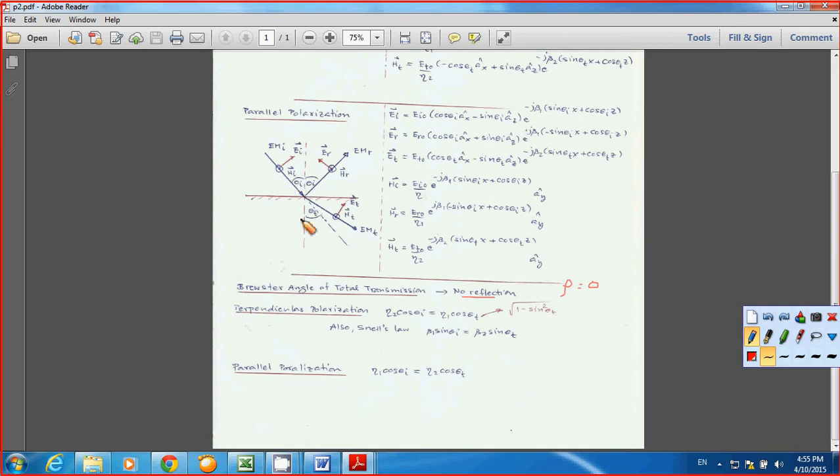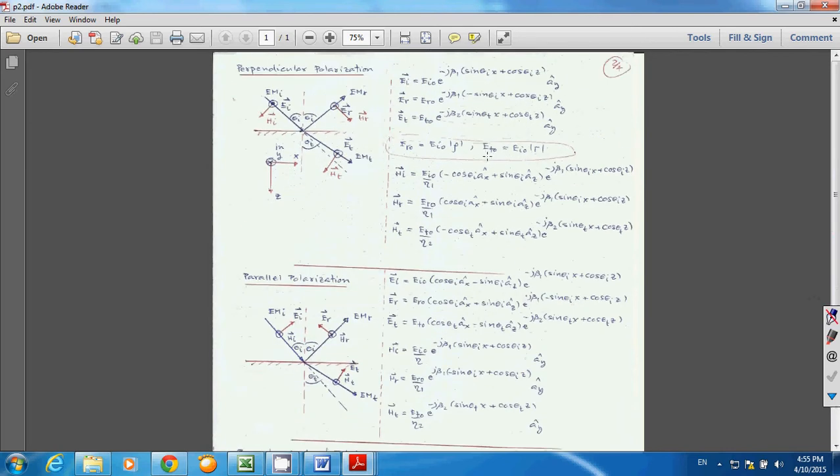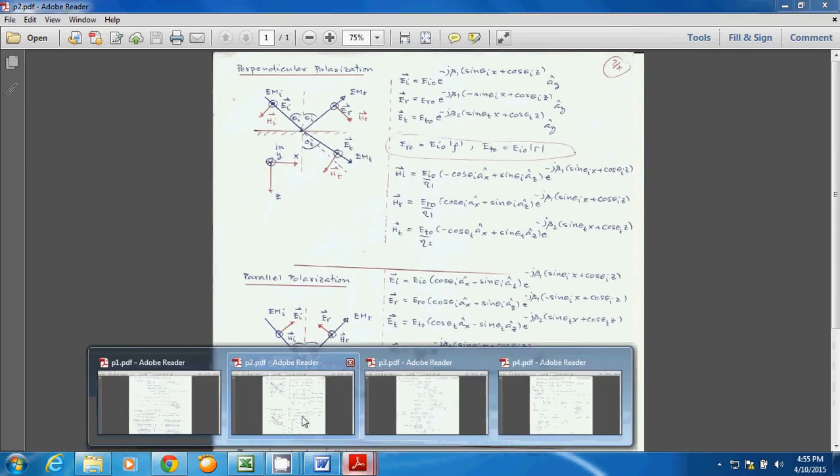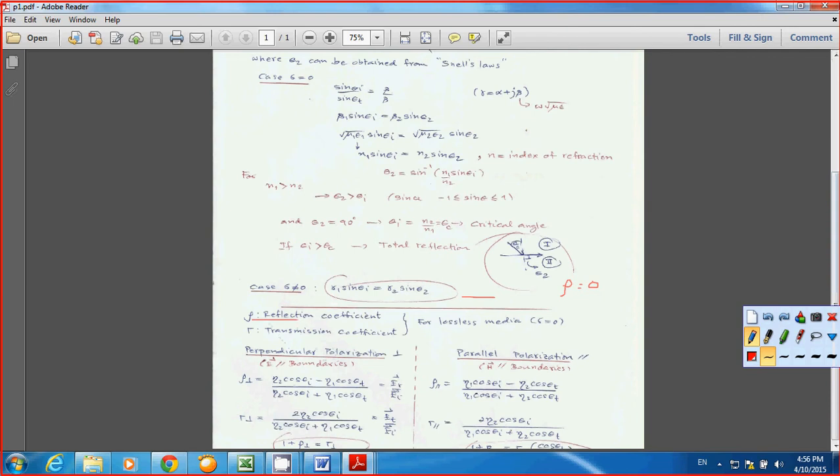So when you're talking about no reflection, that means your rho, the reflection coefficient, has to be zero, right? So I pick two cases. One is perpendicular polarization, and you already have our equation for rho in the previous page. This is the reflection coefficient for perpendicular, and this is for parallel polarization. For the perpendicular polarization, you want this one to be zero.